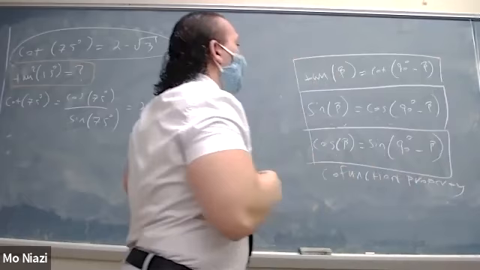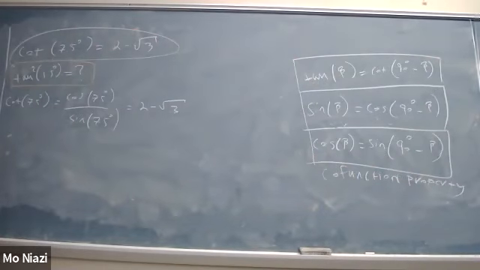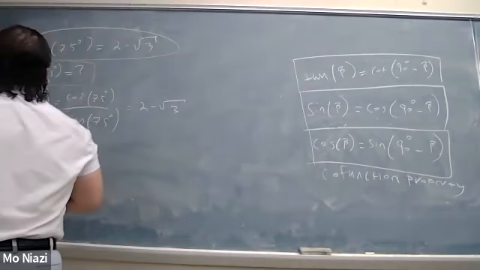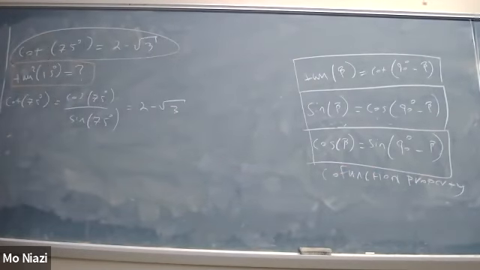This is another cofunction identity. That's why it's tangent and cotangent. That's why they're called that. So, can we use that cofunction identity?